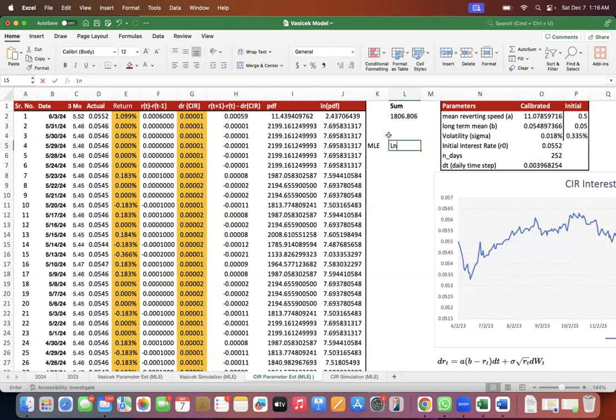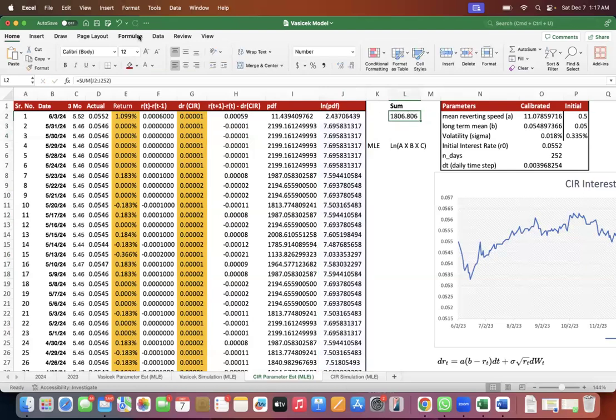We need to do A times B times C and so on, so let's take the log of it. The log of this will be log of A plus log of B plus log of C and so on. So we computed the log of it, and then we just took the sum of the log.